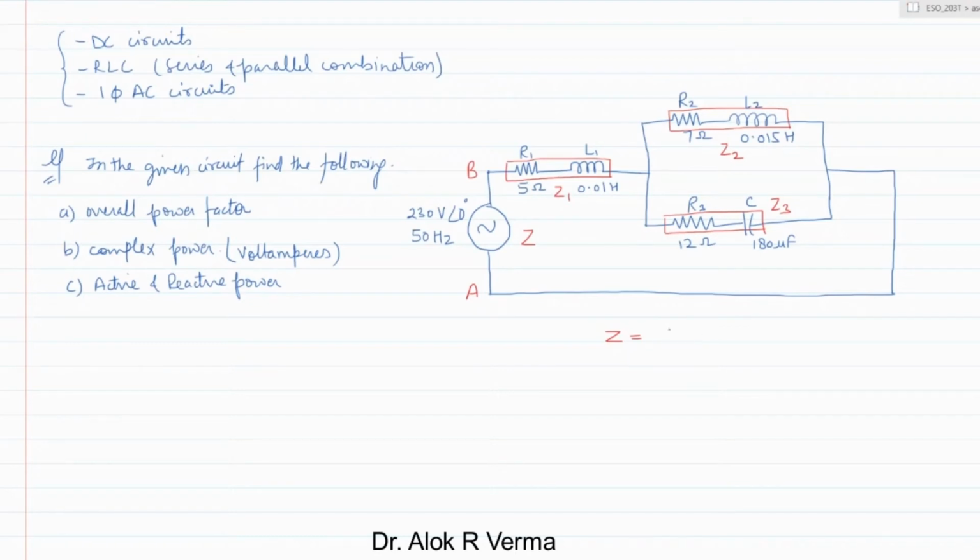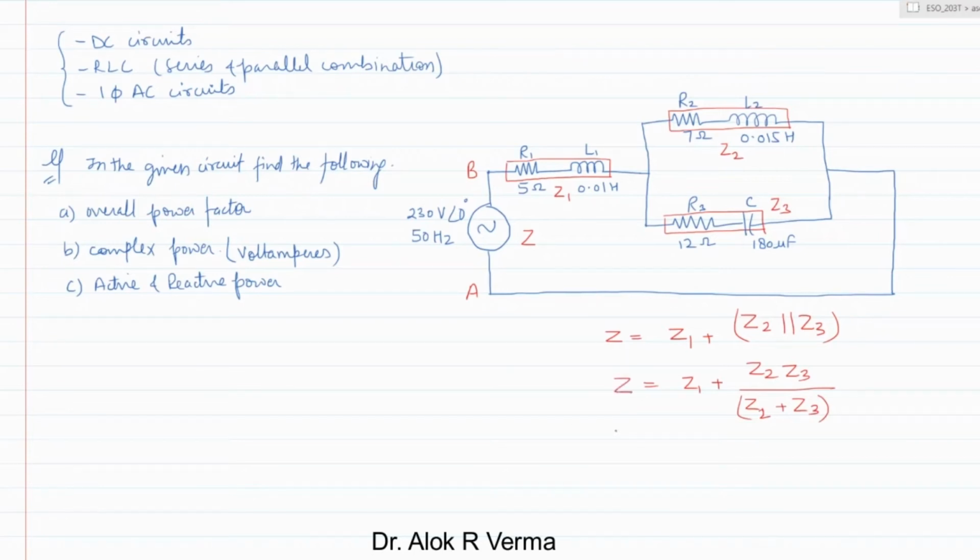Okay, so Z is nothing but Z1 plus Z2 in parallel combination with Z3. If we solve this, it is Z1 plus Z2 Z3 by Z2 plus Z3.